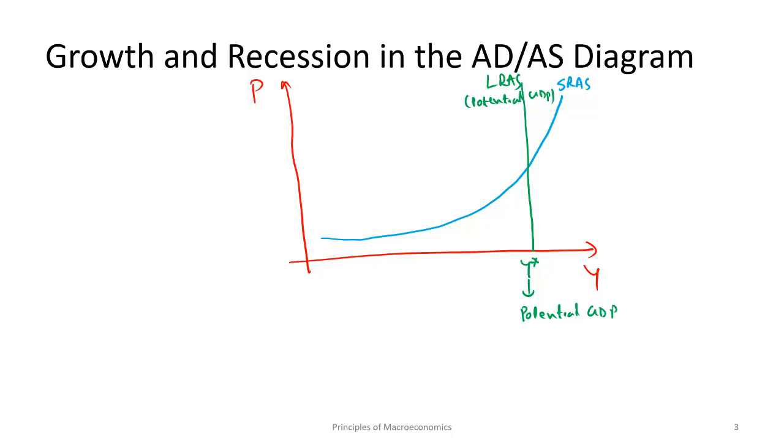So this Y star is our potential GDP, which the economy is capable of producing, given that we are fully utilizing our resources.